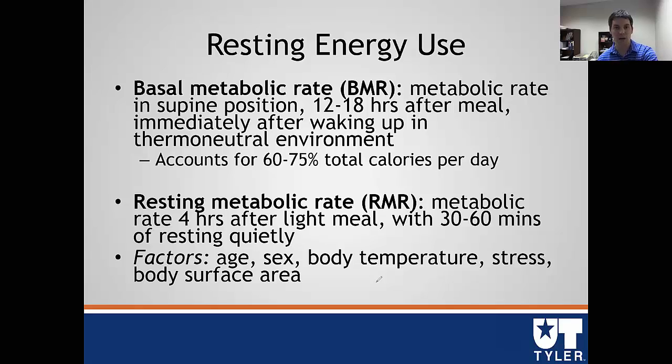If you remember, higher temperature stimulates enzymes, which we talked about in the enzyme section and also in the EPOC section today. Stress relates to the sympathetic nervous system, fight or flight, and that increases metabolism as well. And then, of course, body surface area, which can affect temperature and a myriad of other things.